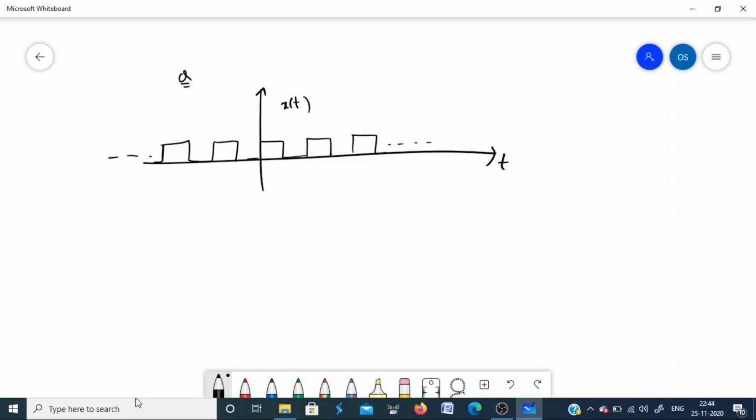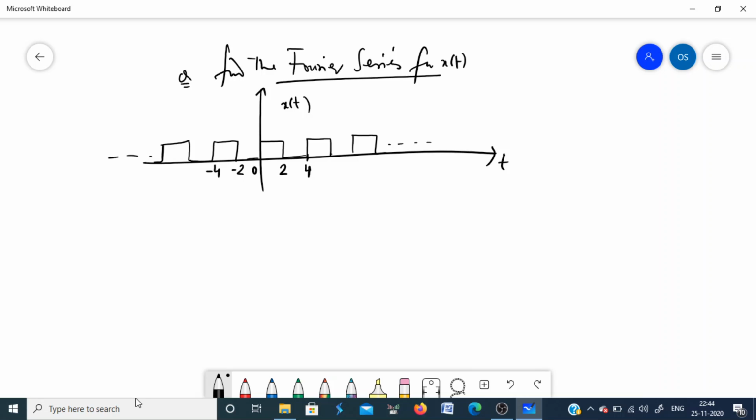This point is 0, this is 4, and this is 2. This is -2, this is -4, and so on. So you have to find the exponential Fourier series for this signal x(t).